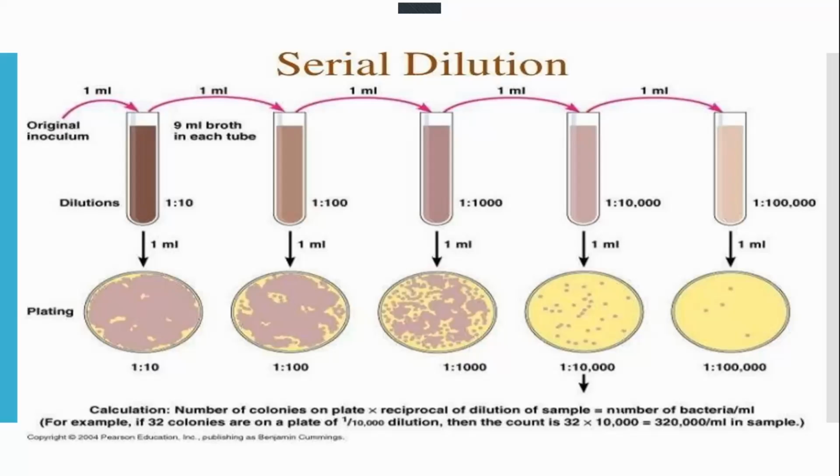You can use either water or nutrient broth for dilution. If you use the nutrient broth, they are not going to increase in that much number. If you use water, they are not going to die. So it depends on the feasibility and availability of the water or the nutrient broth.